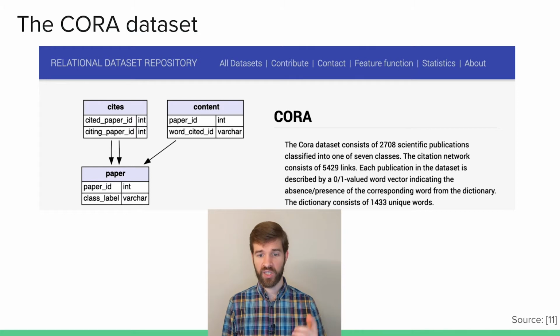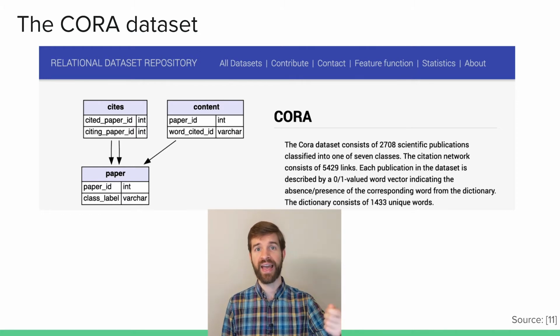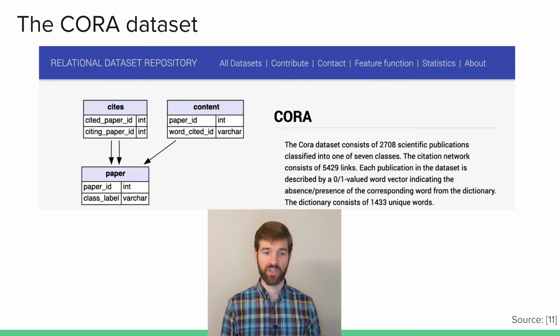We also have some features that describe each paper, where we have a dictionary of 1,433 unique words. Whenever one of those words appears in that paper, we would get a 1 there. Lastly, we have each publication in our dataset being classified as one of 7 categories of research fields, and this is exactly what we're now trying to predict.